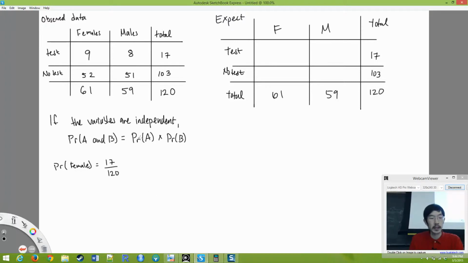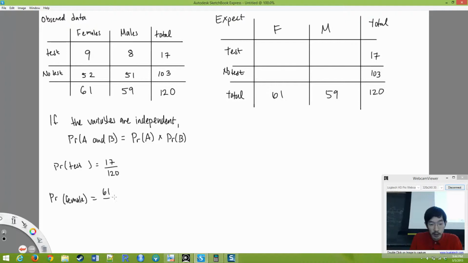Okay. And if we look at the probability, I'm sorry, not females. That's a probability of having taken the test. I'm writing all this incorrect stuff. Okay, so 17 out of 120 people have taken the test. And what's the probability that someone is female? If we randomly select someone out of the 120, 61 of those are female.